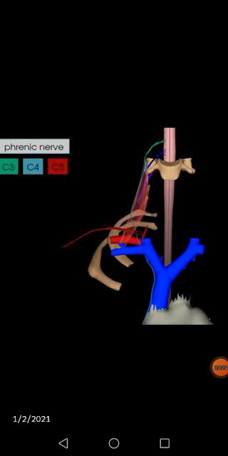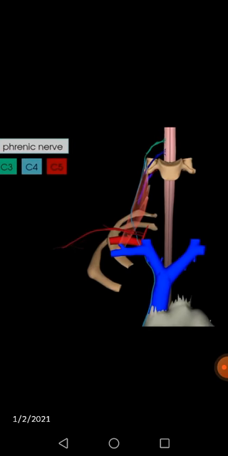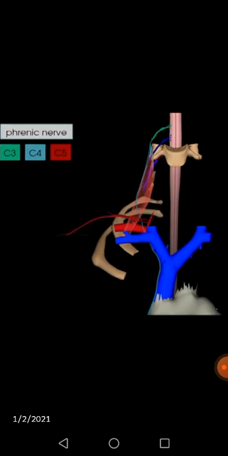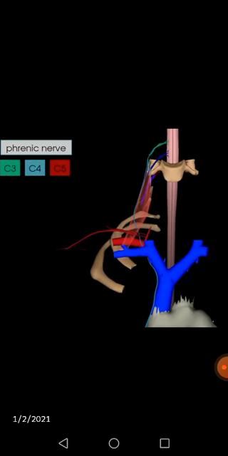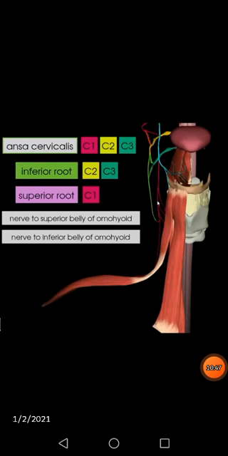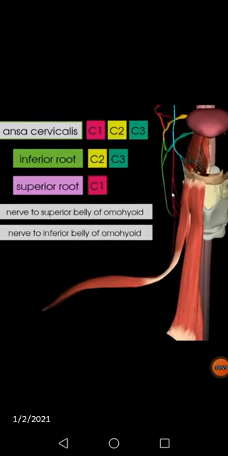Now look at a picture I have taken just to show you the phrenic nerve that is originating from C3, C4 and C5, and you see it is descending downwards, all the way down to your diaphragm, because it has to supply the diaphragm as the motor, the sensory, and it also has sympathetic fibers in it.